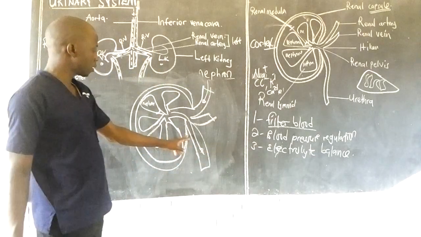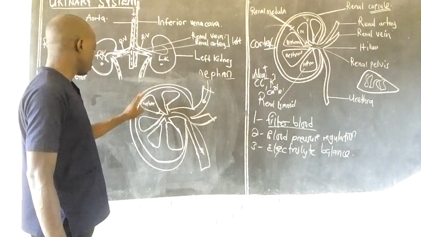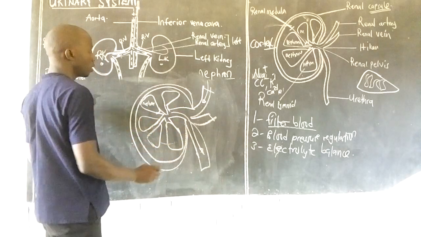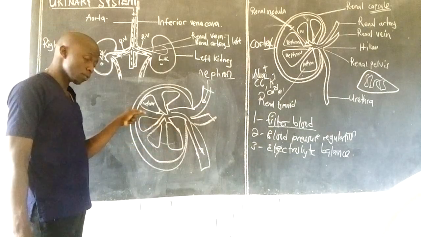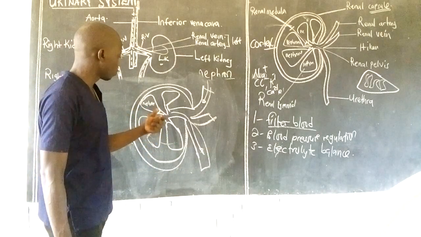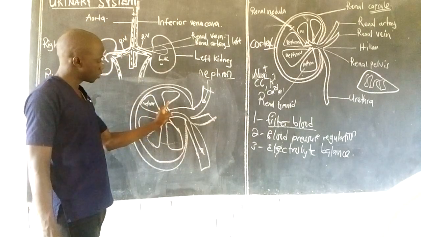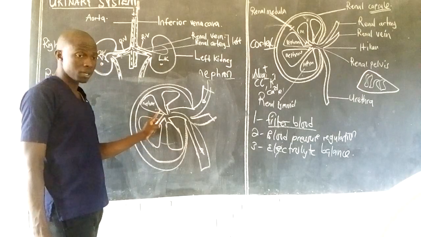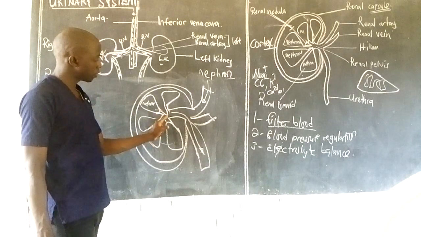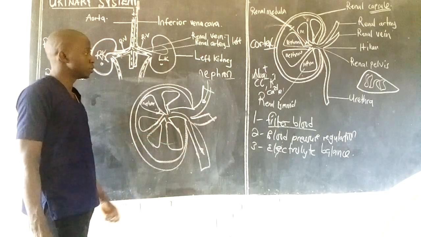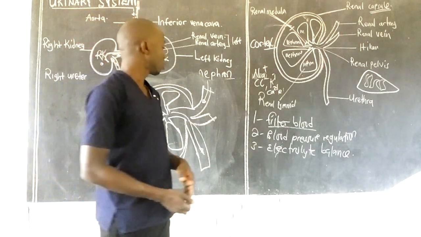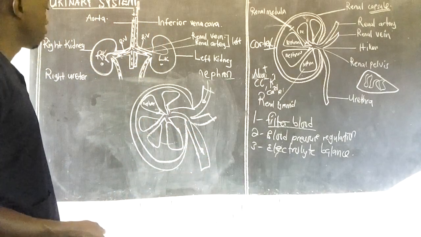So we have the capsule outside, we have the cortex and the renal medulla, which consists of the renal pyramids, and in the renal pyramids we have the nephron, whose function is to produce urine, and it is passed through the minor calyces from each pyramid at the point we call the renal papillae, to the minor calyces, then to major calyces, from the major calyces to the renal pelvis, and it is passed out through the ureters to the urinary bladder and then out for excretion. That is how the kidney functions.